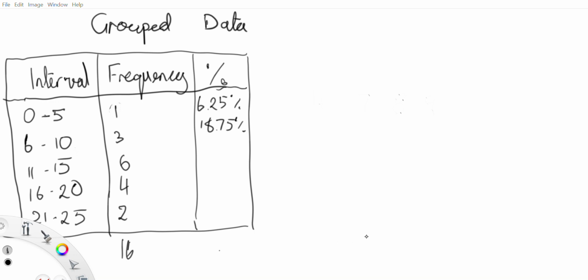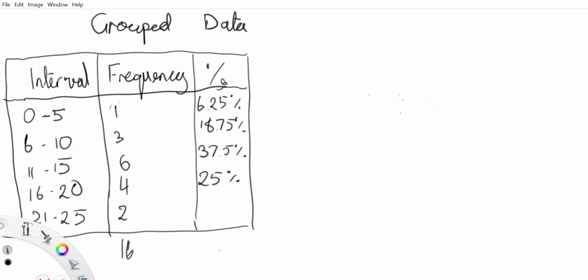Do it again. 6 divided by 16 times 100 equals 37.5%. And let's do the 4. 4 divided by 16 times 100 equals 25%.